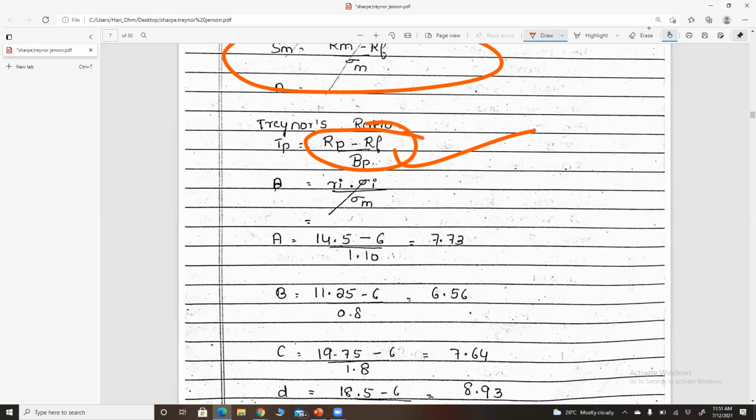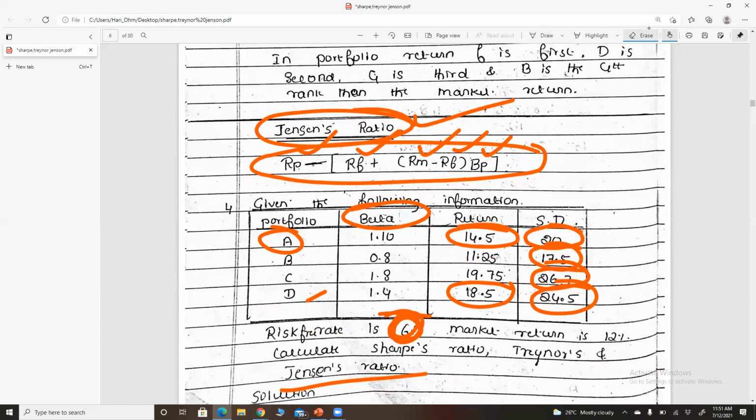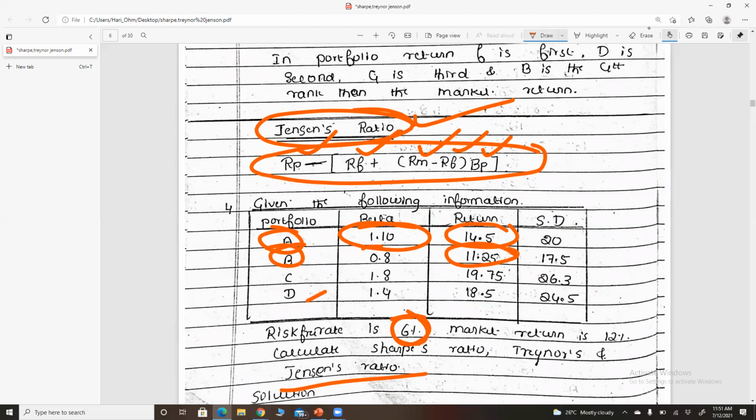Rp minus Rf, Rp in the sense return of the portfolio. Rp is 14.5, minus Rf 6, divided by beta, that is 1.10. Like that, calculate for B, 11.25 minus 6 divided by 0.8.